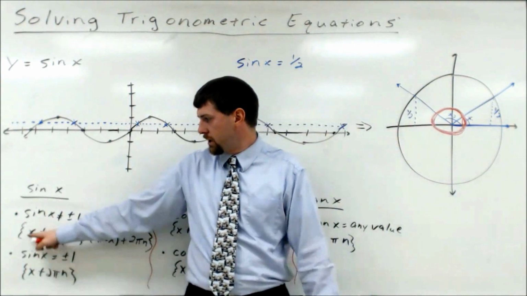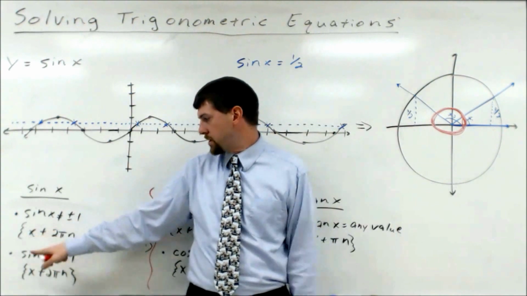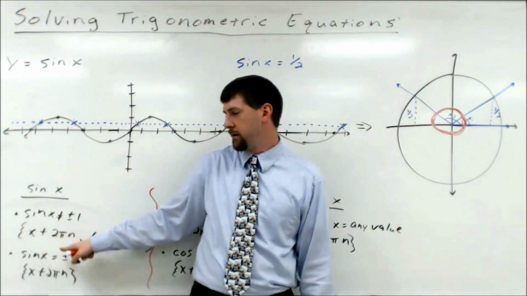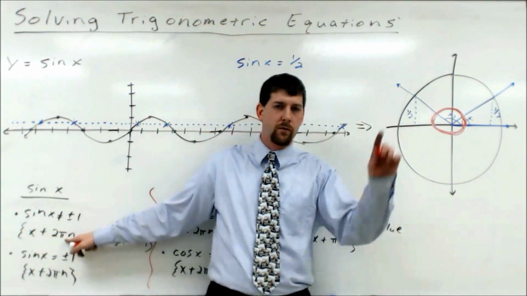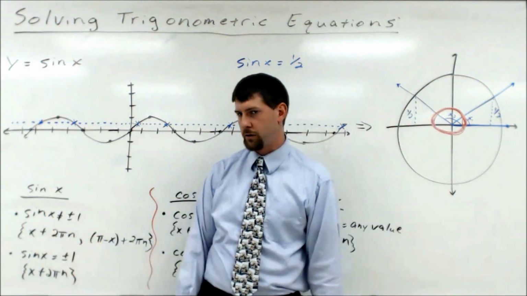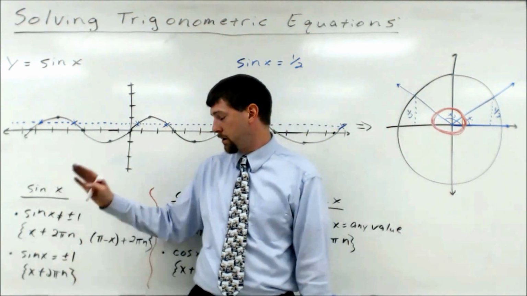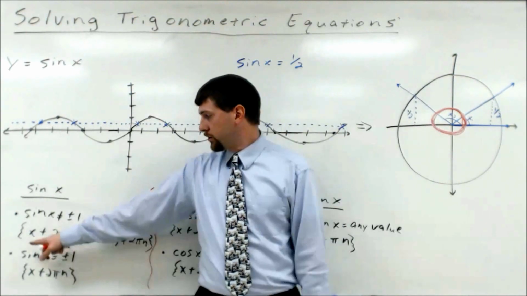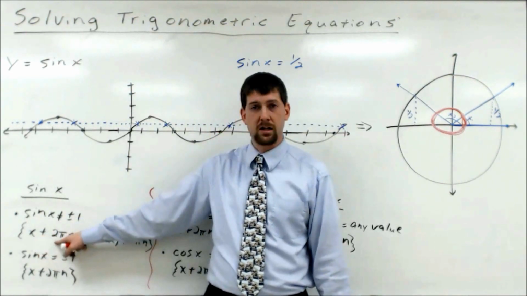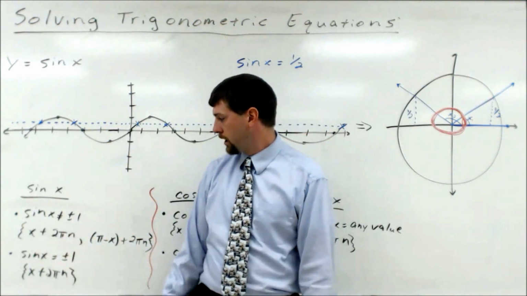So what we notice is that the angle, whatever it happens to be, plus 2 pi n. N is just the number of rotations I took around to get to that angle. So 2 pi, and n is an integer, okay? It's a number of full rotations. So the angle plus every 2 pi rotations.